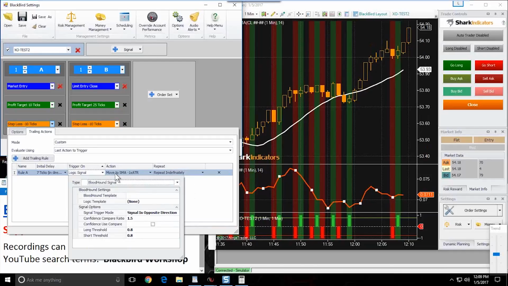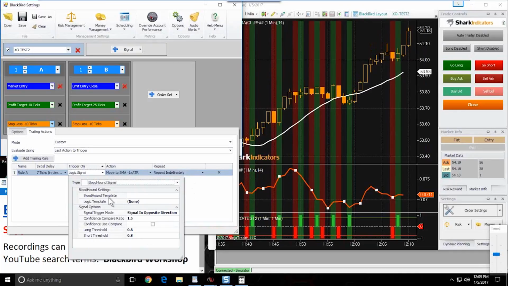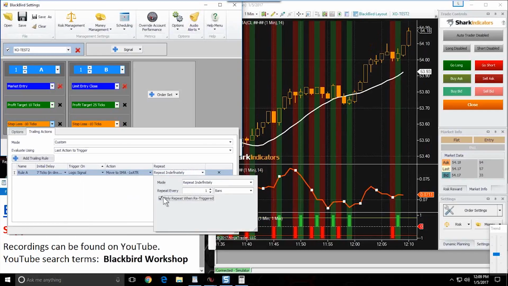In other words, the stop loss can only move when we get a bloodhound signal coming in. With this checked, a bloodhound signal has to come in before the stop loss can move again.